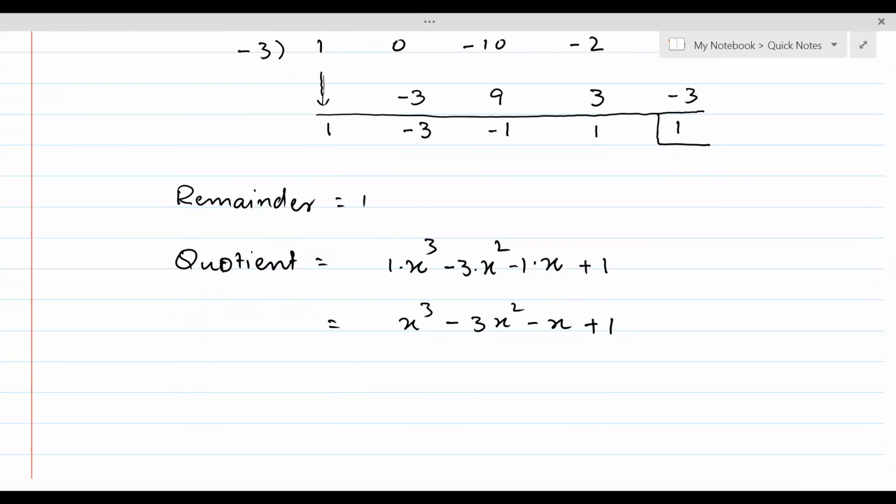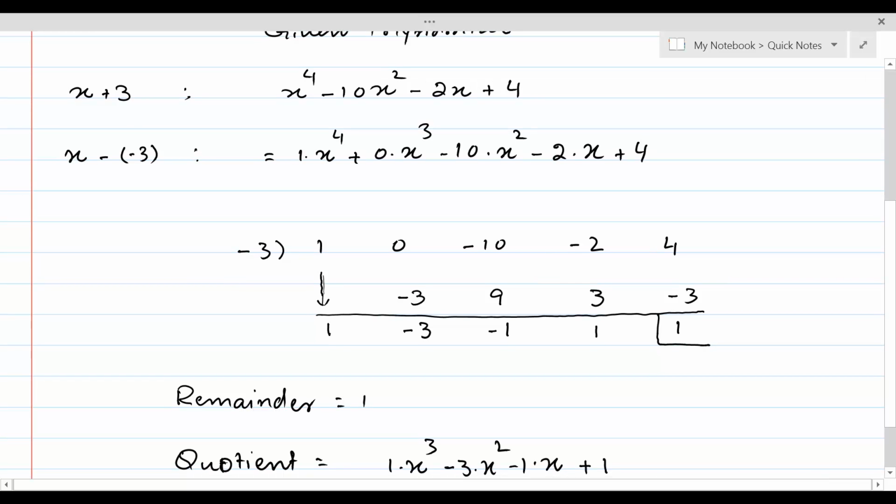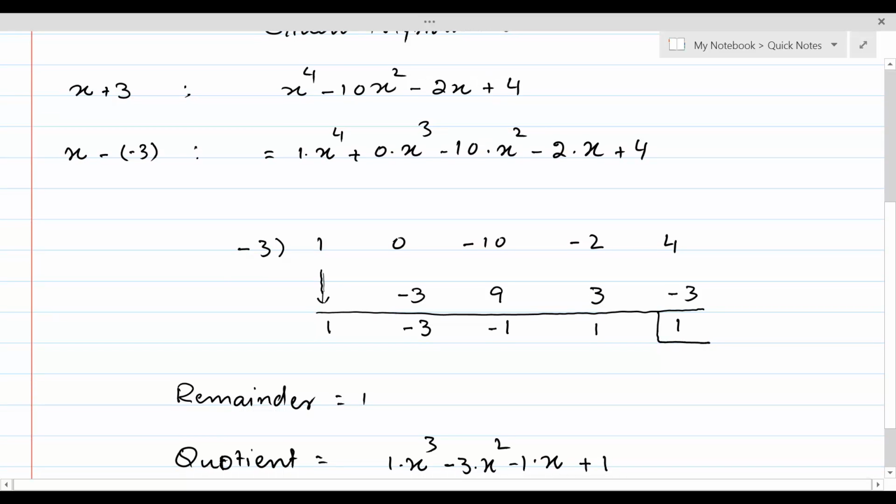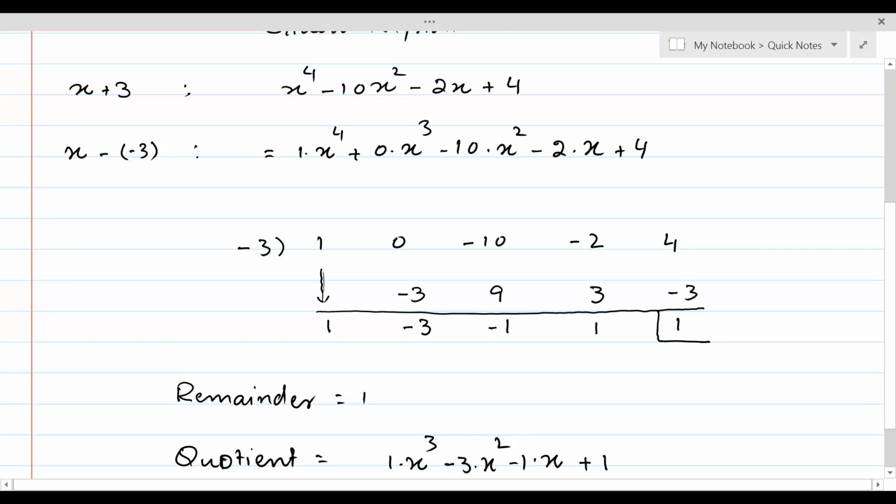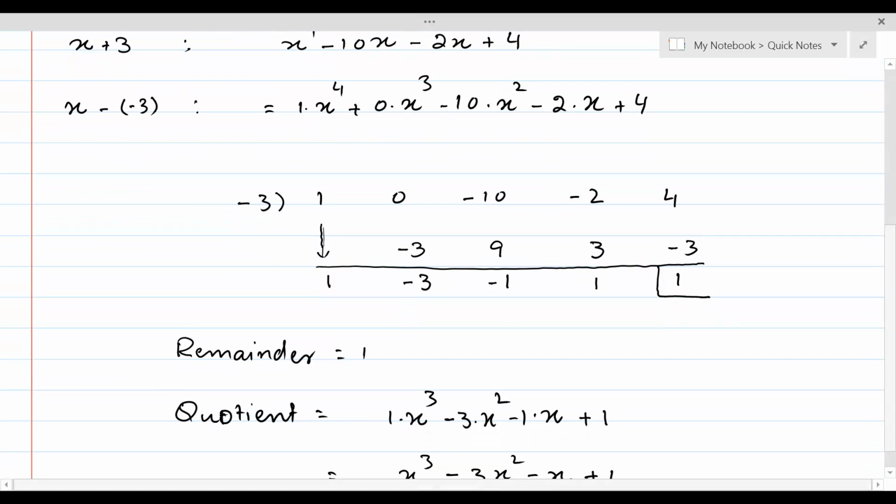If remainder was equal to 0, then x plus 3 would be called factor of the given polynomial, or minus 3 would be called root of the given polynomial.